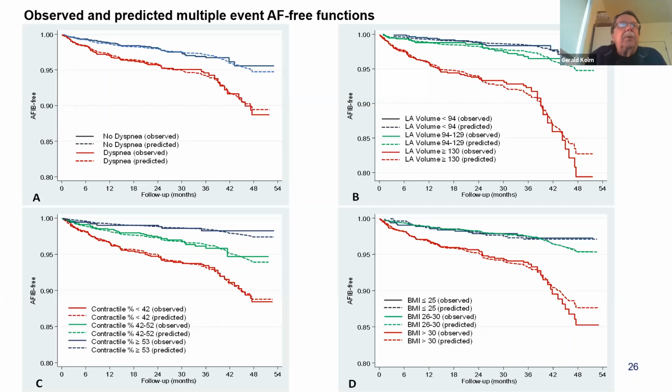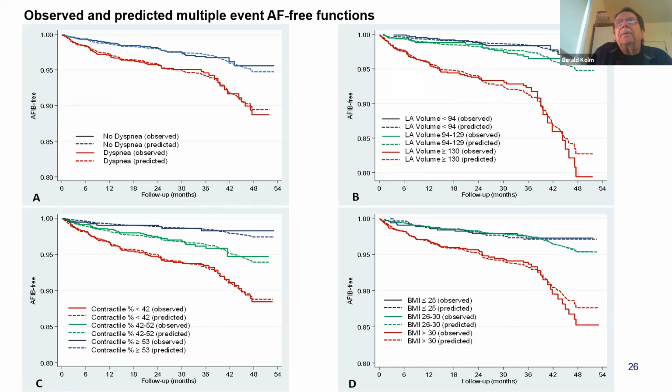And some of the variables that we had in the model were dyspnea, the LA volume, contractile percent, and BMI. And so in this case, you can see that the observed and predicted are fairly similar. There's some differences you can see here, but it's more as we get more towards the outer or to the longer follow-up times.